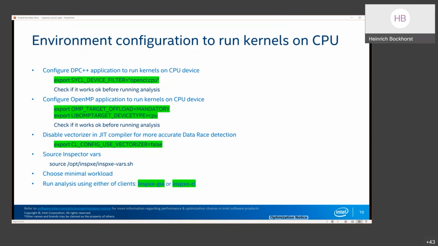So the code is doing the same as for the GPU offloading, but it runs on the CPU because this is easier for Inspector to get the diagnostics done on the CPU, as you can imagine. And the last one, I didn't use the clconfig use vectorizer for JITted code, so probably I should also try it.